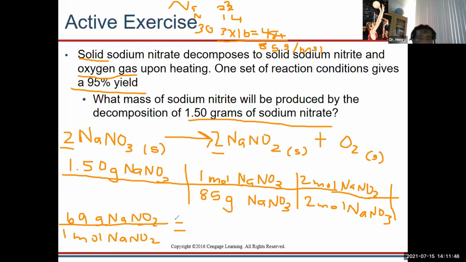Okay. So what do you guys get? How many sig figs? Yep. Grams of sodium nitrate, or sorry, nitrite.